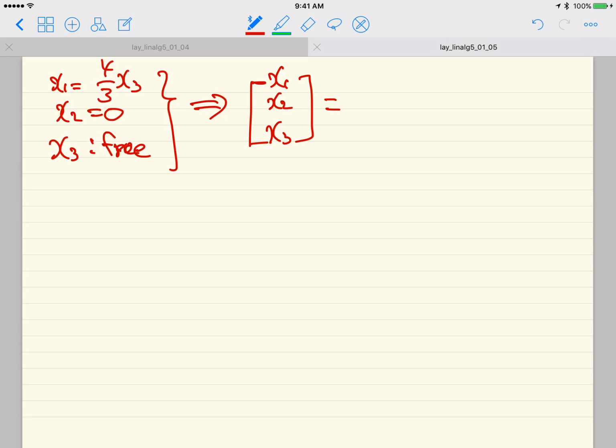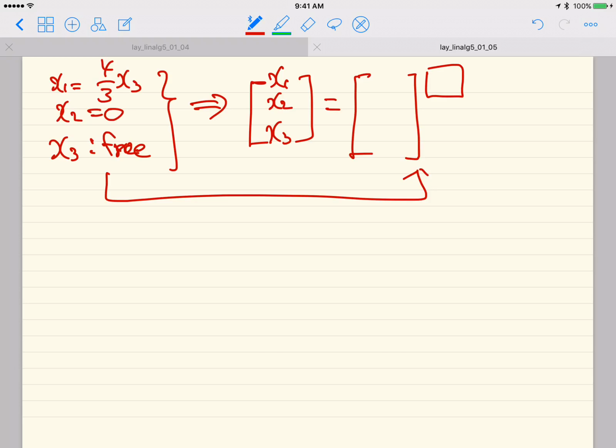And then we change it into this form: some constant vector and our free variable. What should these three values be in this case? Still x3 is our free variable, which is our scalar, and then what should this value be?